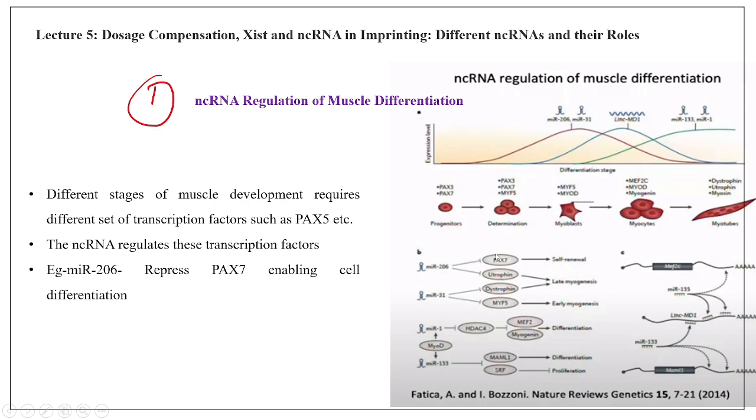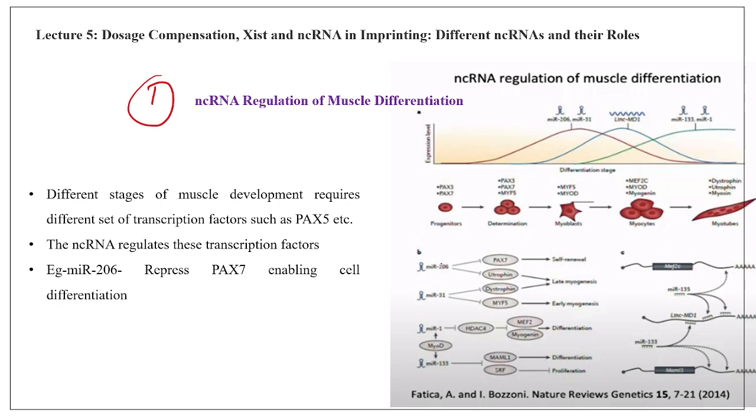These microRNAs have different roles, which ultimately help in either the proliferation or differentiation or attaining specific features during muscle differentiation. You can see here, MIR206 is inhibiting PAX5, and PAX5 is required for cell renewal.